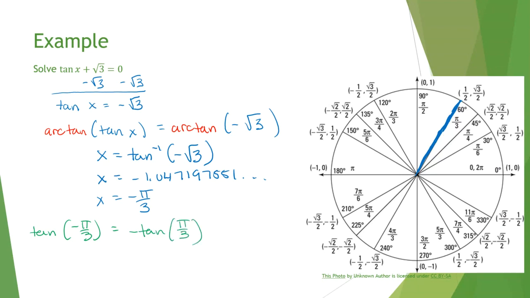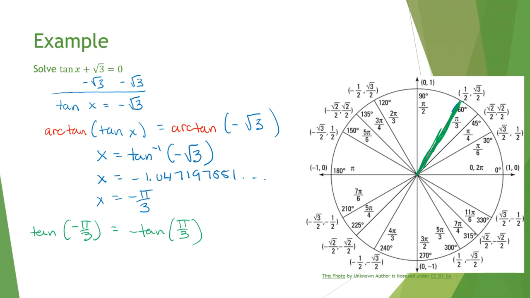So you can just see that relationship there. So I'm going to just draw that in green just so you can see that if you knew what the tangent is of pi over 3, then you just switch the sign. Anyway, that is just a side note showing how the even or odd rules are. What we really need to know is this period business.